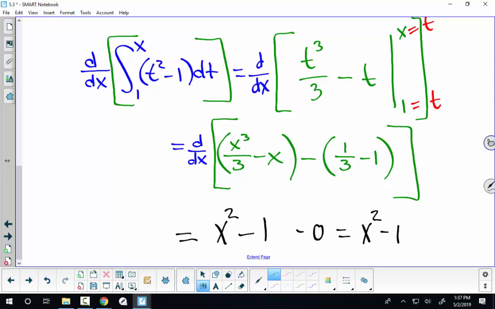That's the same result we had via the first part of the fundamental theorem. So there we see the derivative and the antiderivative just undo each other, and we end up with that function t squared minus 1 as a function of x.